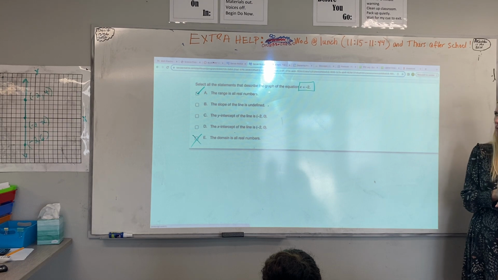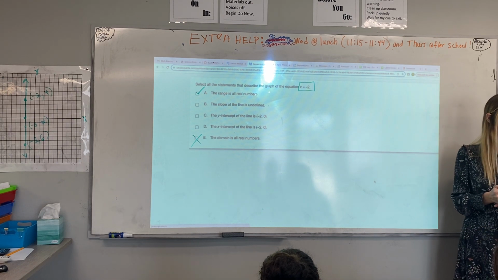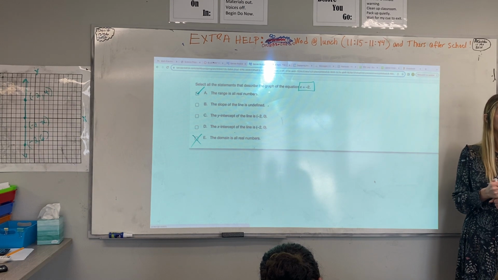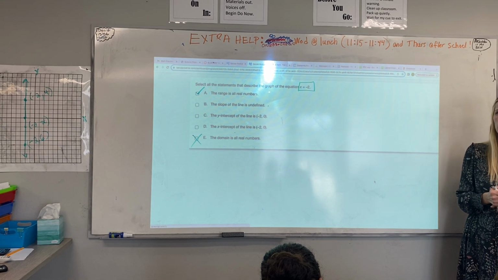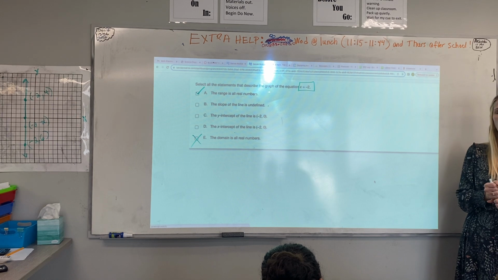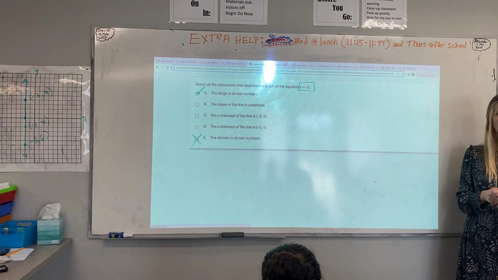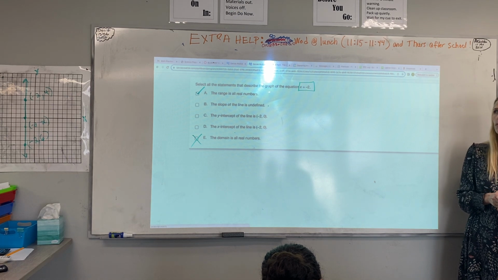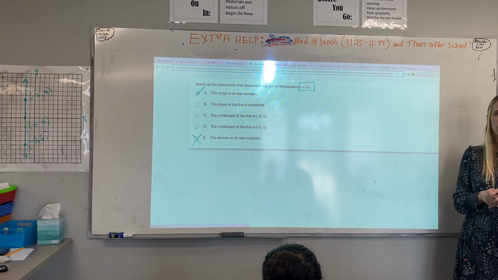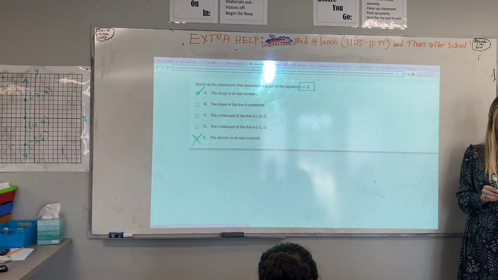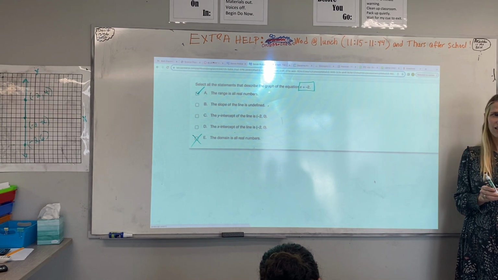Okay, then explain to me how it's true. It's straight, it's not going at an angle. Yeah, and it's horizontal. It's vertical. Oh, yeah, vertical. If it was horizontal, it would be 0, but if it's vertical, it's undefined.